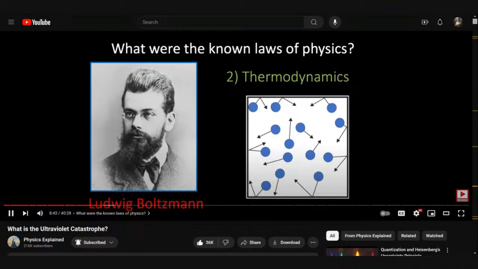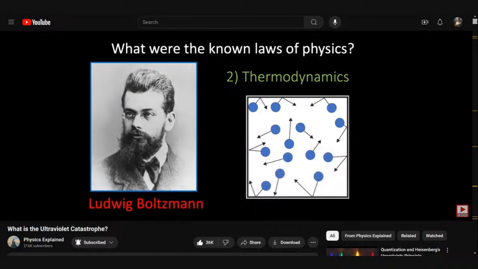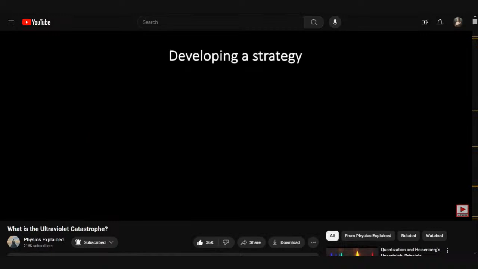According to Boltzmann, the temperature of an object is simply a statistical average of the energy of the particles comprising the object. Armed with Maxwell's electromagnetic waves and Boltzmann's statistical thermodynamics, Rayleigh and Jeans were confident that they could successfully derive the spectral radiance function for a black body. They just needed a clear strategy.